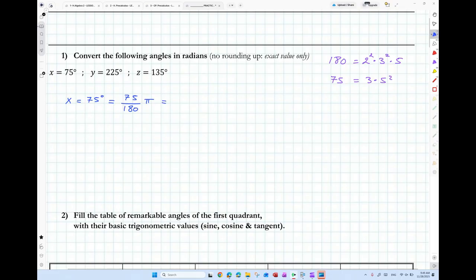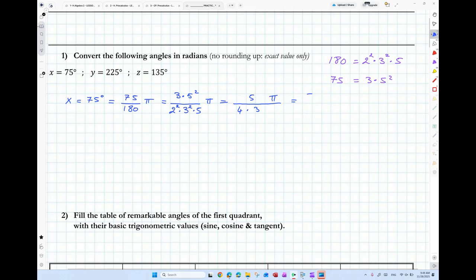Let me express 75 as 3 times 5 squared, 180 as 2 squared times 3 squared times 5, pi, and finally my answer would be, so I'll have the pi here, 2 squared will be 4, 3 over 9 is 1/3, and 5 squared over 5 is 5 on top.